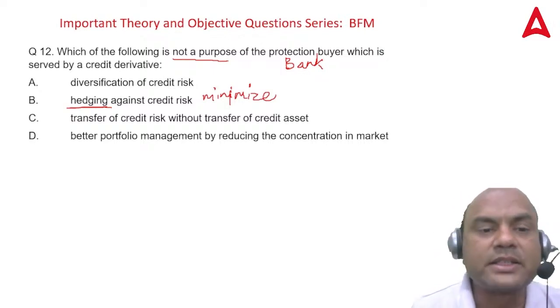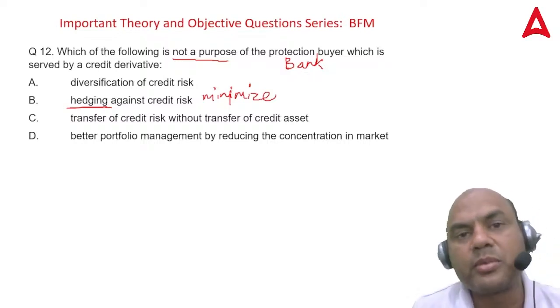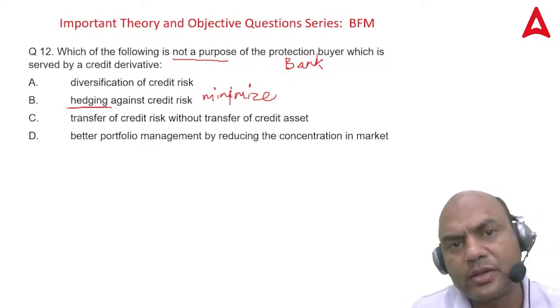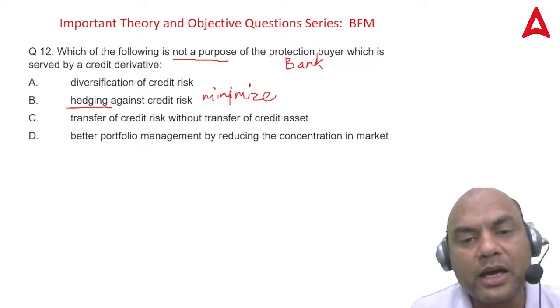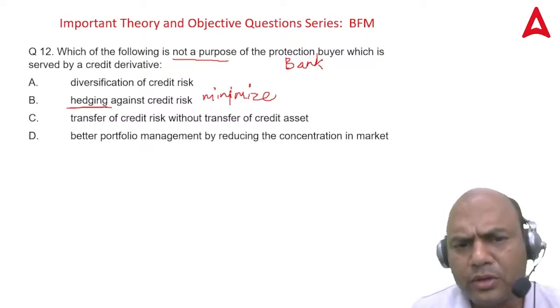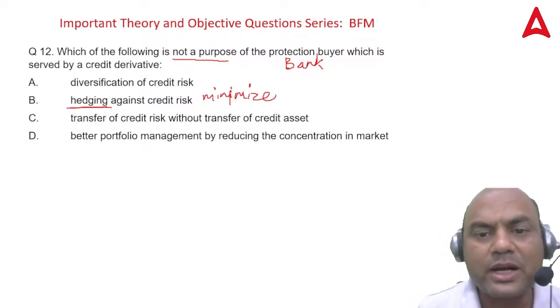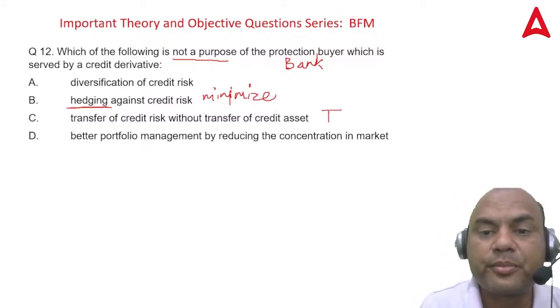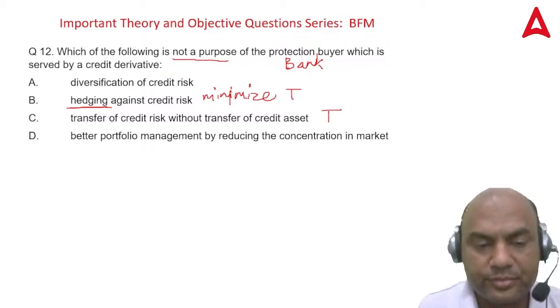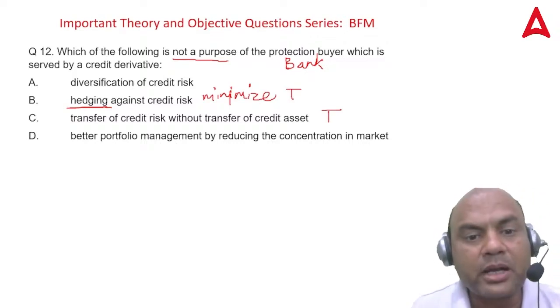I'll give you a simple example. Whenever you buy the insurance of your bike or your car, do you transfer that car to the insurance company? No, isn't it? Without transfer of credit assets. So that is also true. What about D? Better portfolio management.